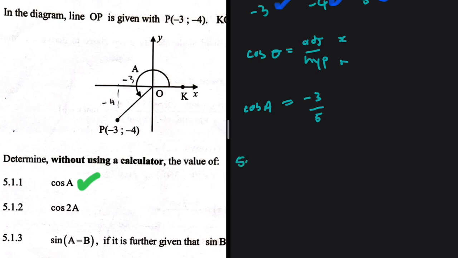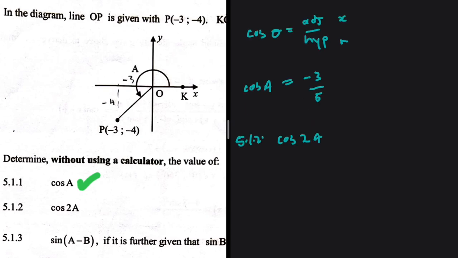Okay, and then 5.1.2, we have cos of 2A. It is very typical that 5.1.1 will be pretty much straightforward, and in 5.1.2 we have these kinds of trig ratios. We have cos of 2A, it is very typical.